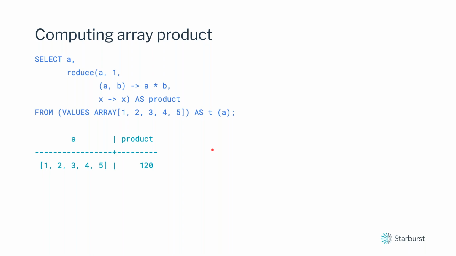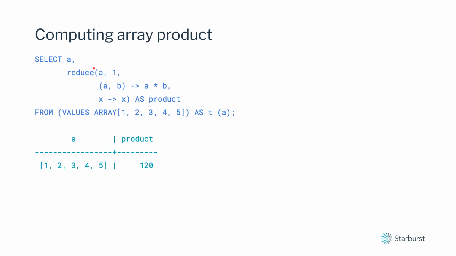You can do the same thing at an array level to produce the product of all the values in an array. So if we have an array 1, 2, 3, 4, 5, and you want to say, what's 1 times 2 times 3 times 4 times 5, which is 120, we can use the reduce function for that.